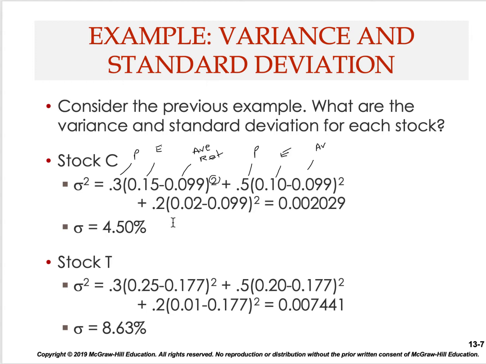What's the probability times the difference between the expected return and the average return squared? Very simple. So we see here that our answer is 0.002029. Our standard deviation is nothing more than 0.5.